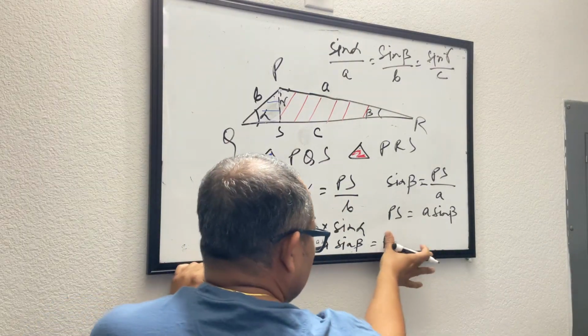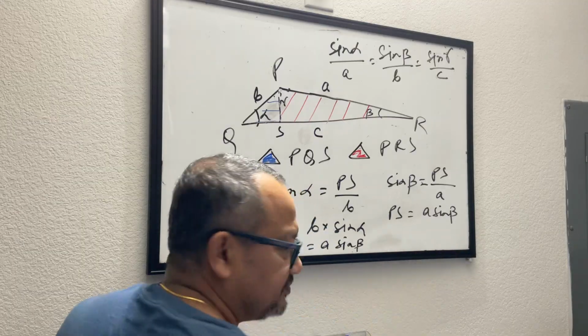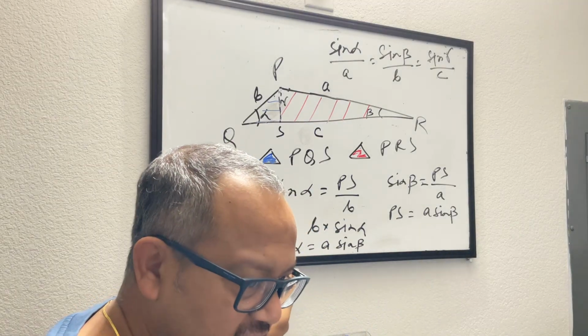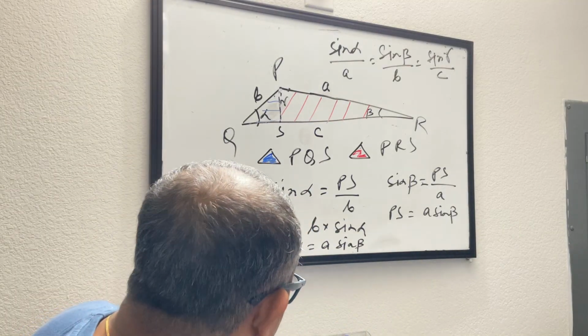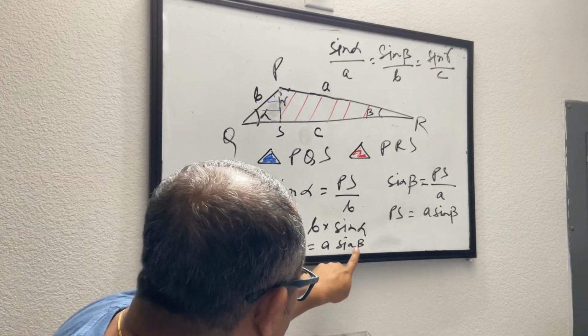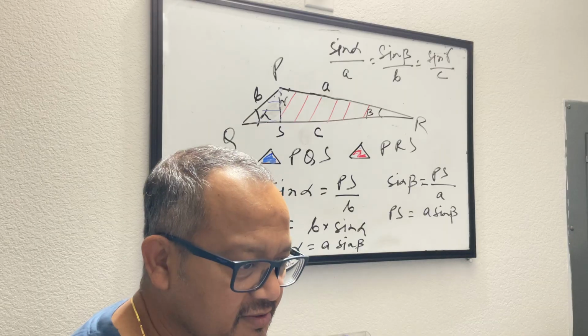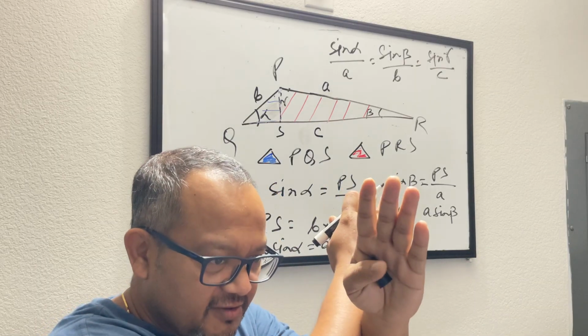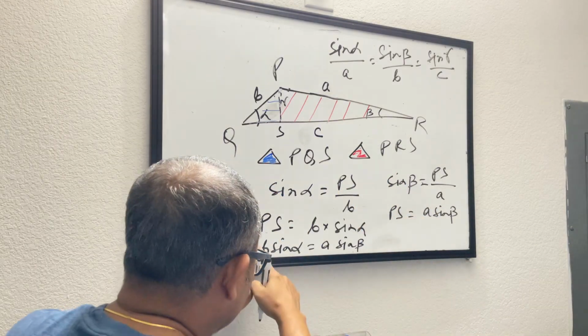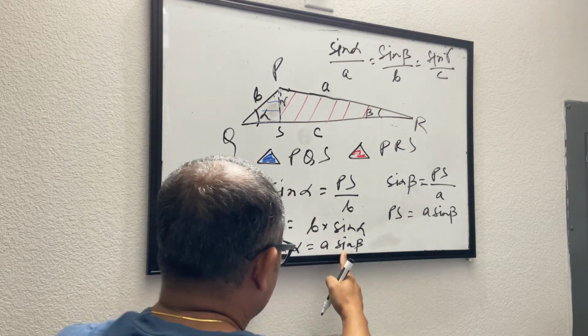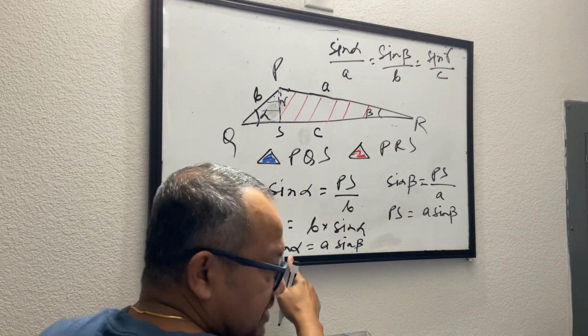Why do we need PS? Forget about it. At least this is okay? So B sine alpha equals A sine beta. Let's move B and A to the opposite sides using the butterfly method. B comes this side and becomes a denominator. A comes this side and becomes a denominator.